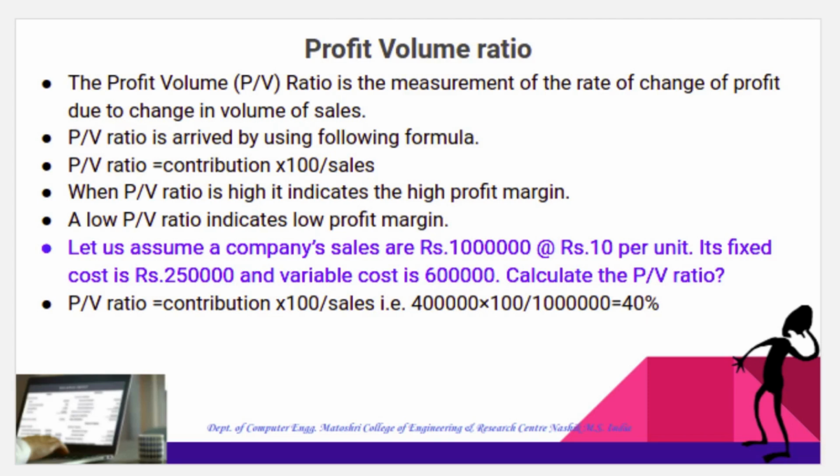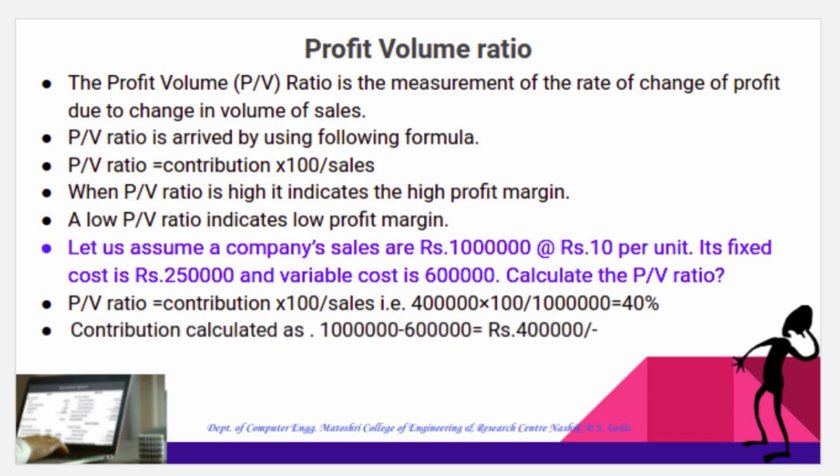Sale price, that is 10 lakh, minus variable cost 6 lakh is equal to 4 lakh. So the PV ratio will be 40%. From the above example, we may observe that the variable cost is the important cost in deciding profitability when fixed costs are constant.